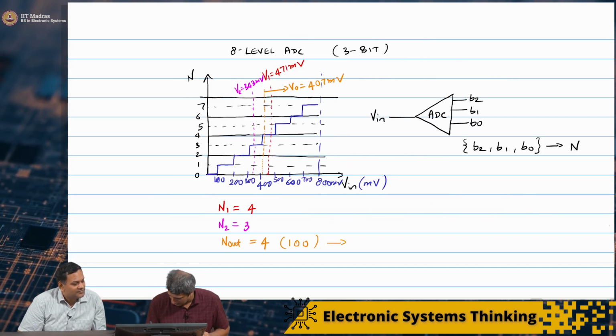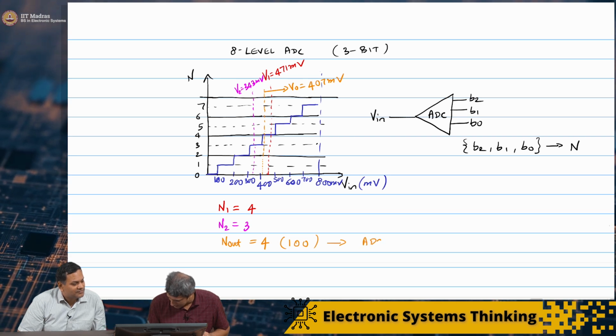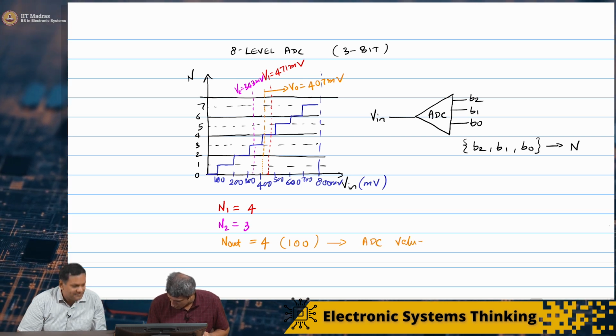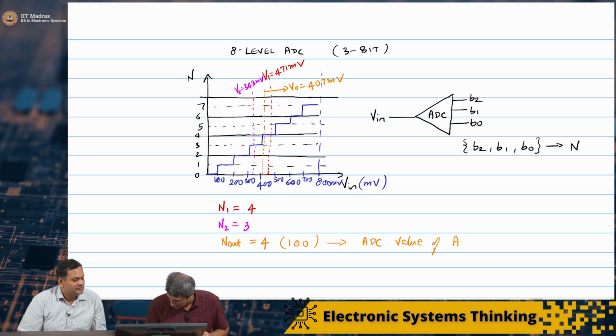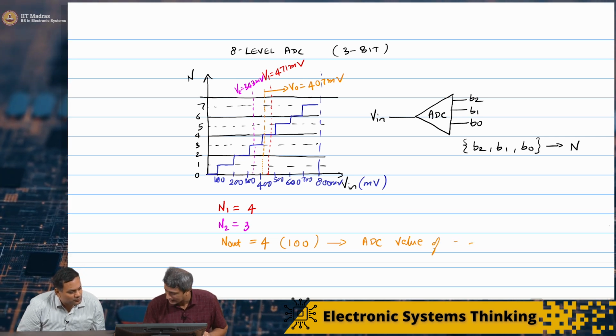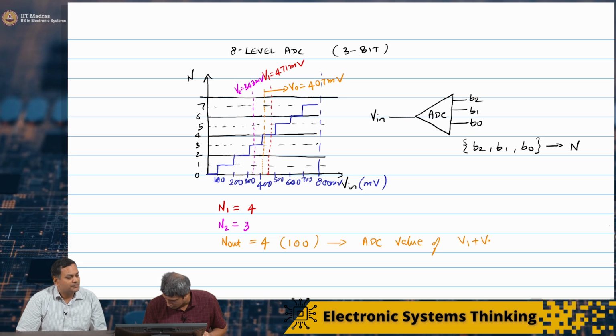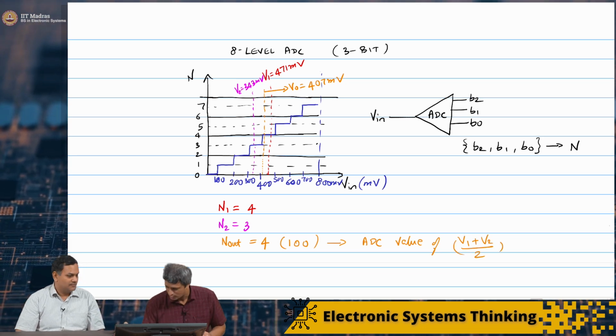Maybe I'll just write that down. This is the ADC value of V1 plus V2 by 2.